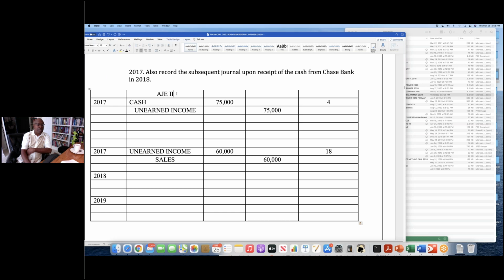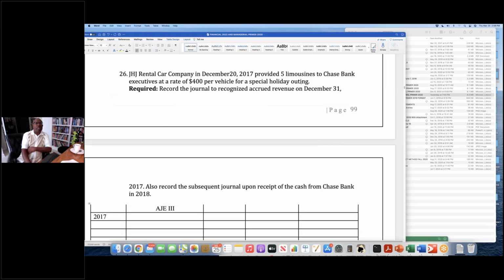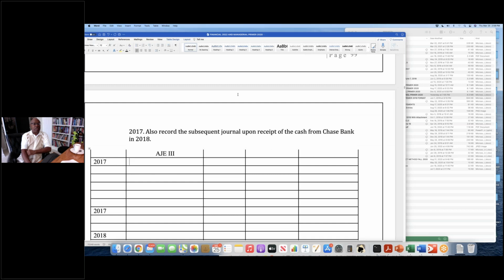So we're talking about a type 3 now. So we'll take this information out. Okay, so we have 5 limousines, $400 per vehicle. And so at the end of the year, we want to make that adjusting entry. So what's that adjusting entry going to be?